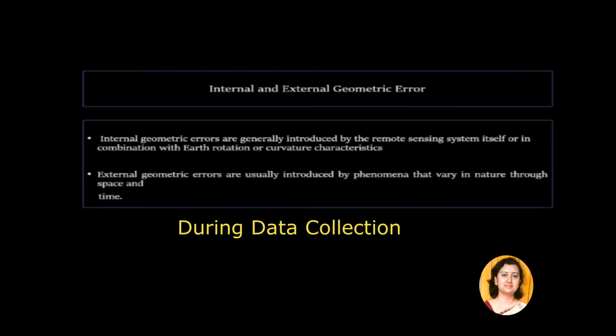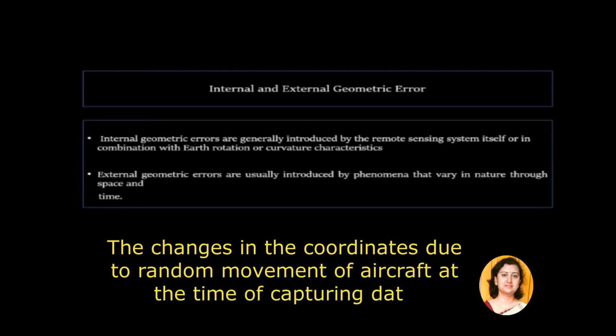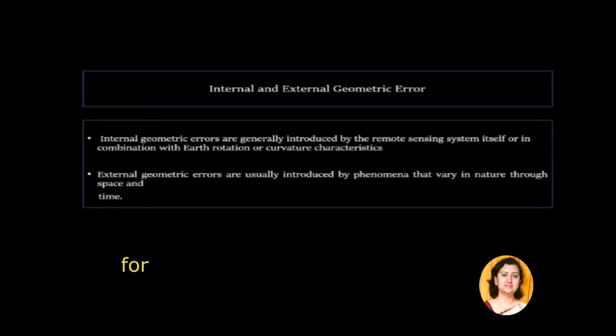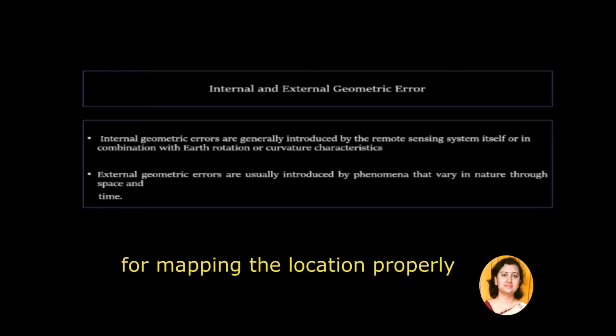Okay, so due to this random movement of the aircraft or spacecraft, the actual XY coordinates are not properly represented, and due to this random movement of the aircraft, these errors creep inside the images.